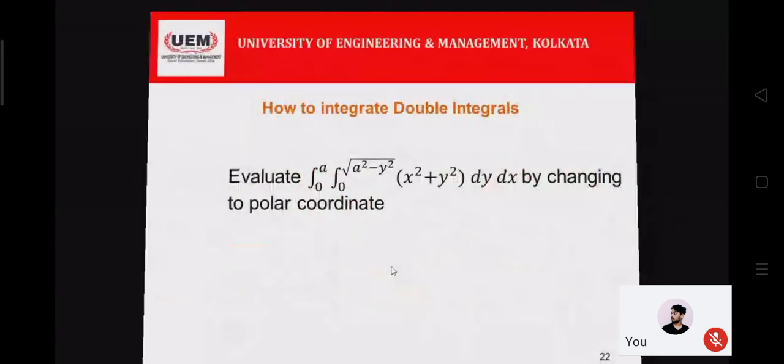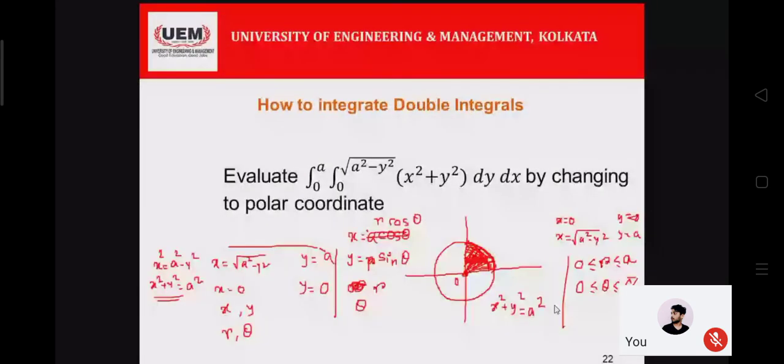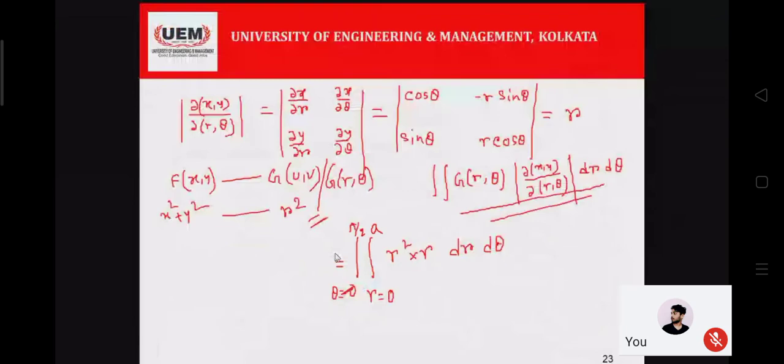So if you put them here, you get g(r, theta) as r square only. Put that value here, r square, and the Jacobian you calculated, r dr d theta. So r square into r dr d theta. The limits of r you calculated in the earlier slide is 0 to a, and the limits of theta is 0 to pi by 2. Put those two limits and then integrate.